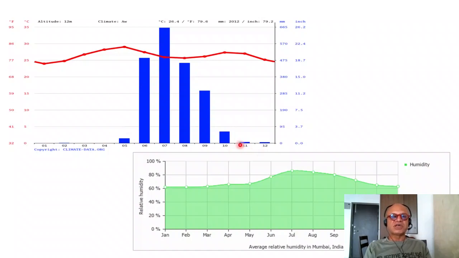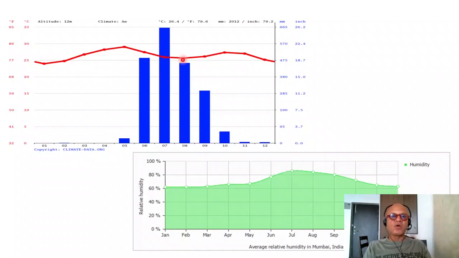It doesn't get much rain at all during the rest of the year. So temperature remains the same, and relative humidity also remains fairly high. The cooling in the winter months drops it a little bit, but still over 60%, and during the rainy season it can get over 80% relative humidity, and you can imagine just how muggy it is when you combine it with this warm temperature.